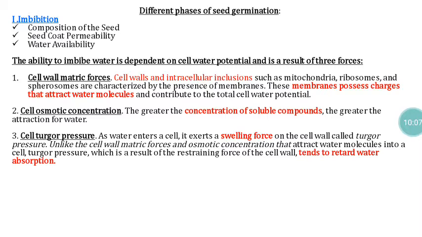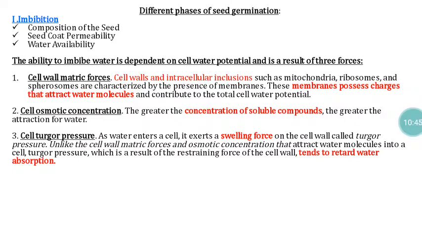So during imbibition, we have to ensure the maintenance of structural integrity; particularly the seed coat and seed membrane integrity should be maintained. Only then will the process be sound and the outcome will be a seedling; otherwise we won't get proper germination. Whereas with carbohydrate, in cereal seeds, if it is in the form of starch or carbohydrate blended with fiber matter, the rate of water entry will be slow.